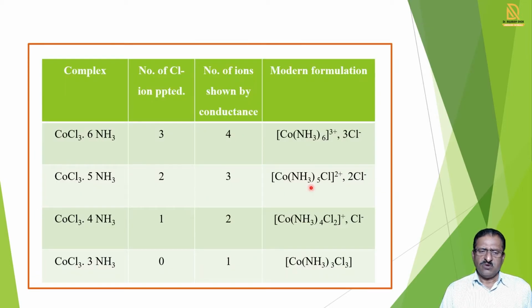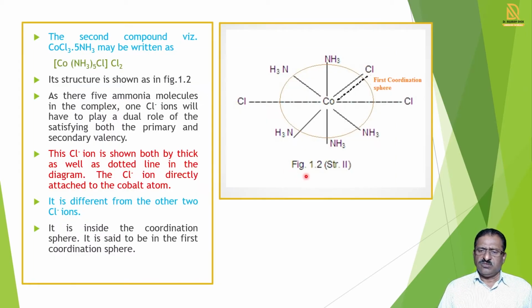Now again, we see this table. The second example, CoCl3 with 5NH3, gives [Co(NH3)5Cl]. Here structure 2 is shown. Here Co is attached by 5 ammonia and 1 Cl, and 2 Cl are outside the square bracket, or in the second coordination sphere.